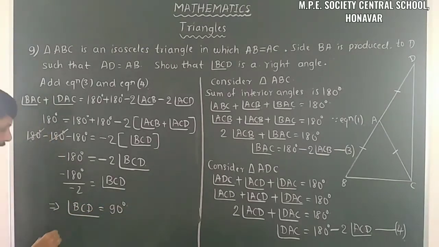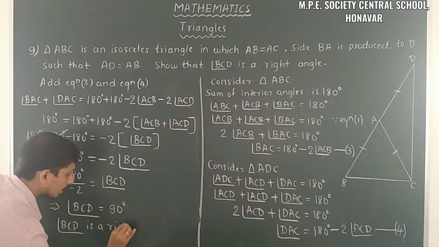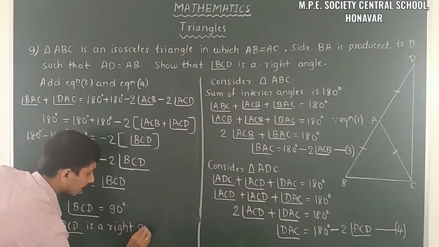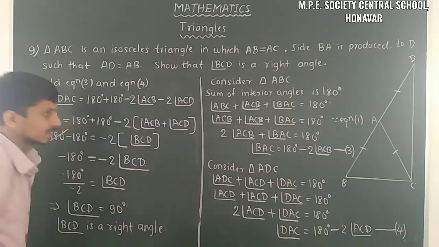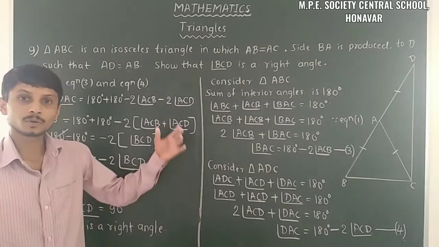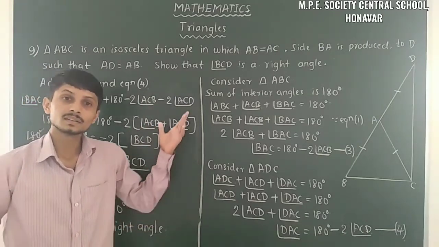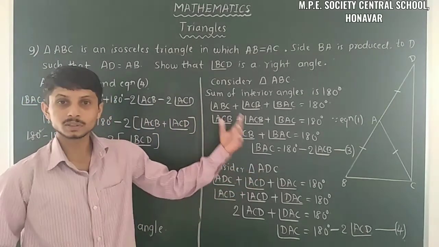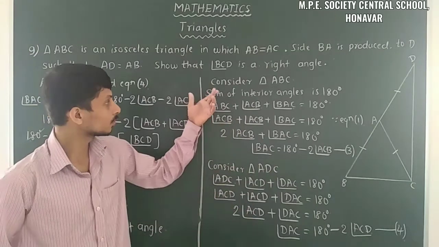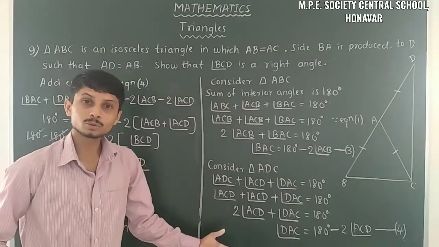So that's why angle BCD is a right angle. Here we have the proof from the given things. We used theorems 7.2 and 7.3, and also the sum of interior angles being 180 degrees, from those two triangles.